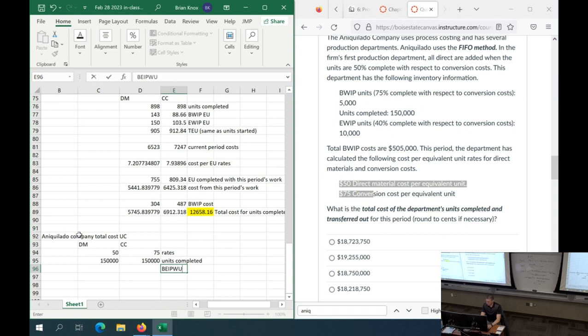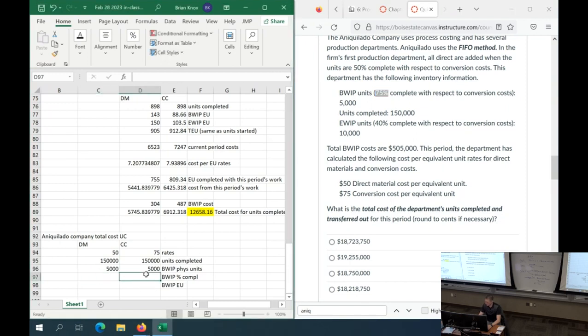We need our beginning WIP equivalent units. And we'll start with beginning WIP physical units. And then we'll do beginning WIP percent complete. And then that will give us beginning WIP equivalent units. So it looks like we have 5,000 units in beginning work in process. And they are 75% complete with respect to conversion costs.